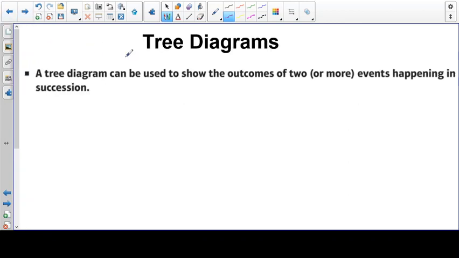The other thing I'm going to do on this video is just to do a review of tree diagrams. So you will have used tree diagrams at school again. These can be used to show multiple events happening one after the other. So it could be 2, 3, 4, sometimes happening more than once.